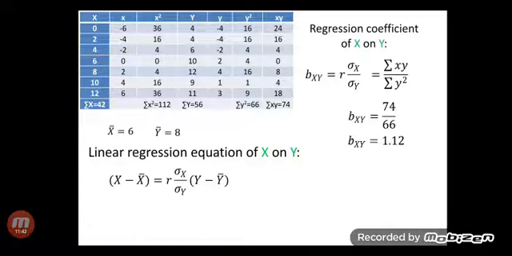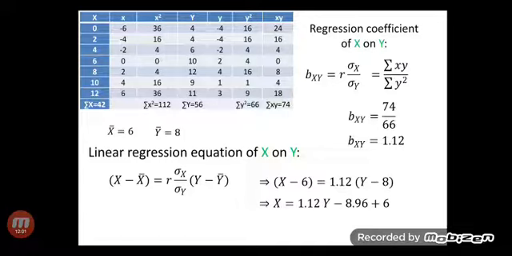Therefore the linear regression equation of x on y is x minus x bar equal to r into sigma x by sigma y into y minus y bar. Here we put the values. So x minus 6 equal to 1.12, that is the regression coefficient, into y minus 8.